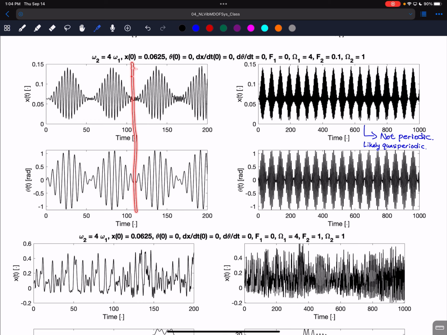So I think if you look at the one with the 1,000 seconds, it's almost repeatable every 3 periods.